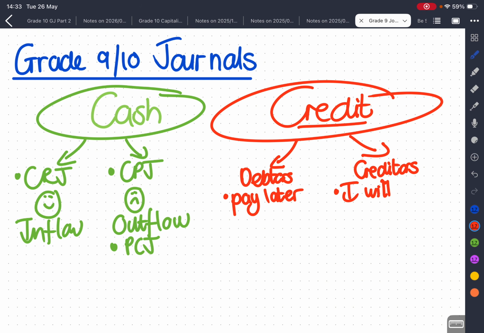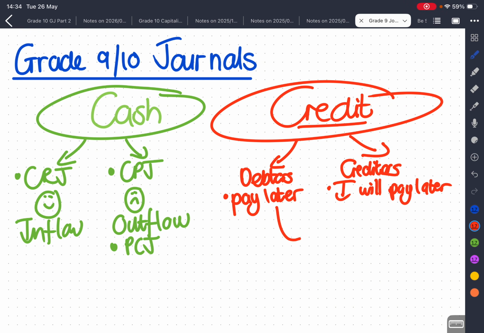So the actual cash will happen a few days or a month after.